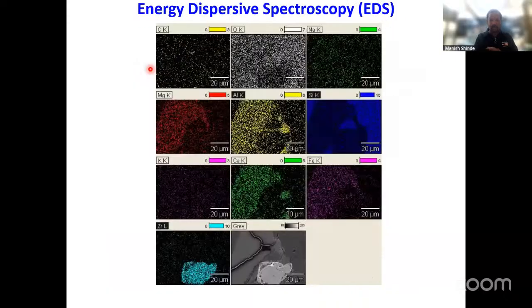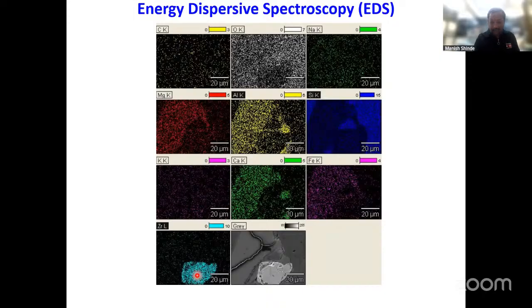So you can correlate your data. Similarly for calcium, calcium is also present where aluminium and magnesium are present. Iron is present again in the same region where magnesium, aluminium, and calcium are present. But if you look here, in this region, zirconium is present.